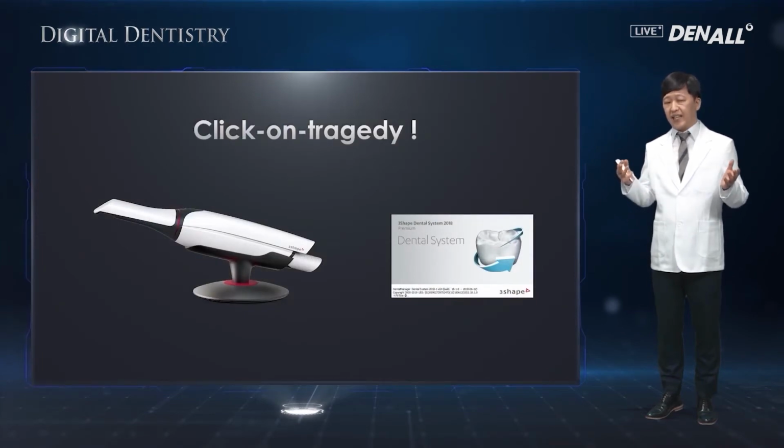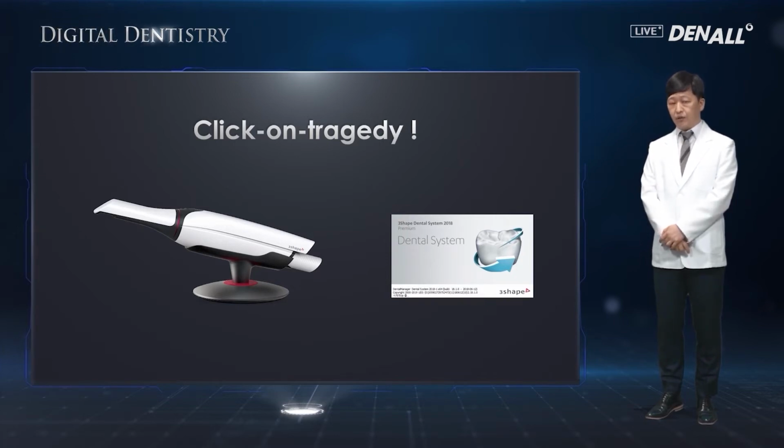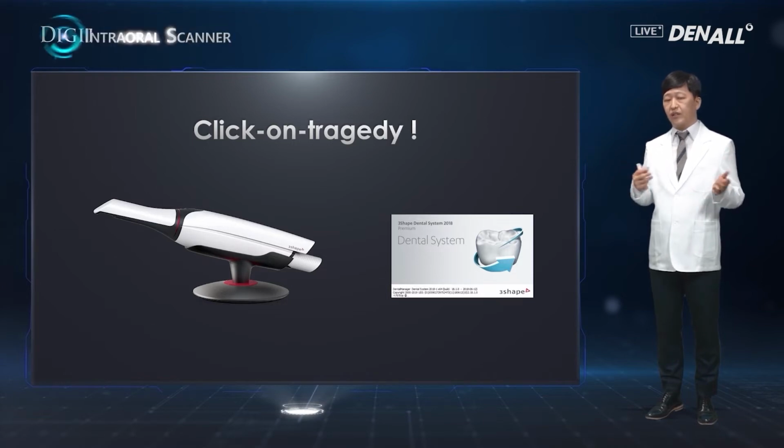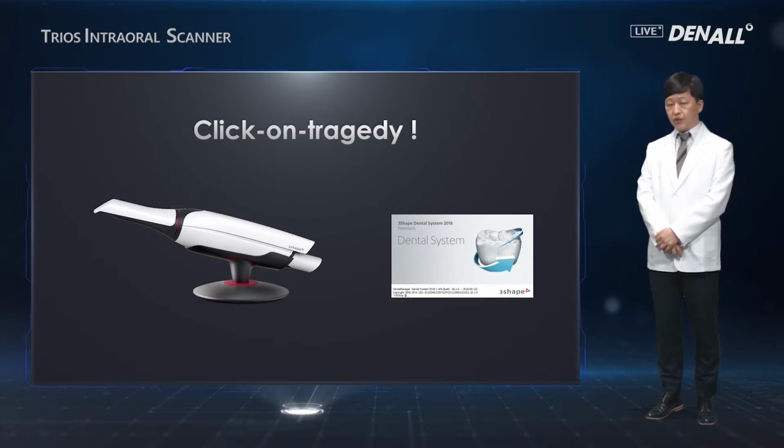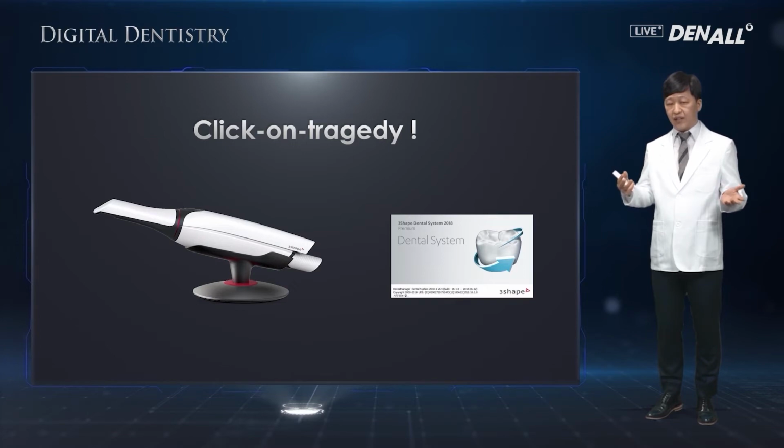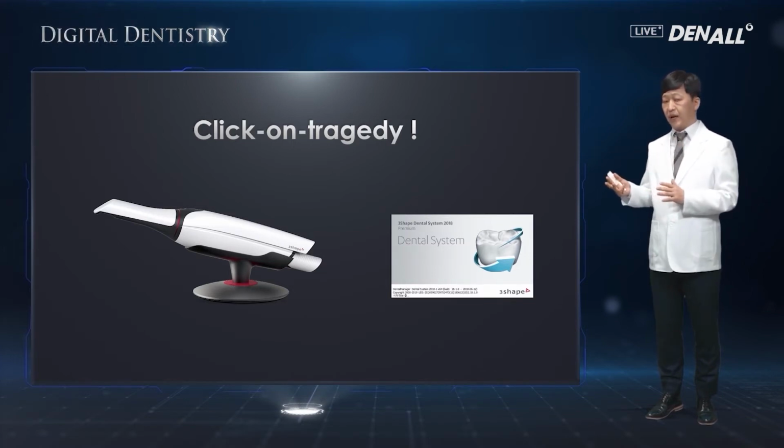The biggest advantage of Trios, the dental system program, is that there is no click-on tragedy. With the scanners I used to use, when I did the scanning, some problems occurred and the computer crashed and the data was gone. You cannot recover it, but with the Trios, during scanning, when the program or computer crashes, the data is still saved, so you can recover it.